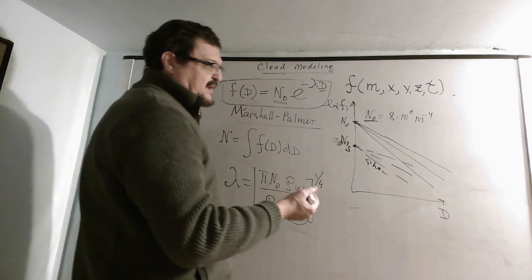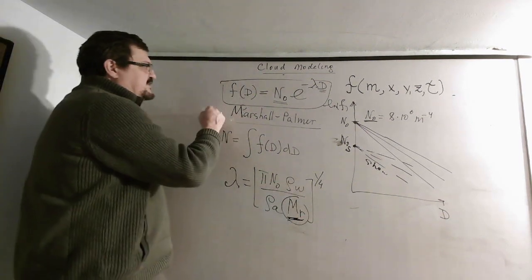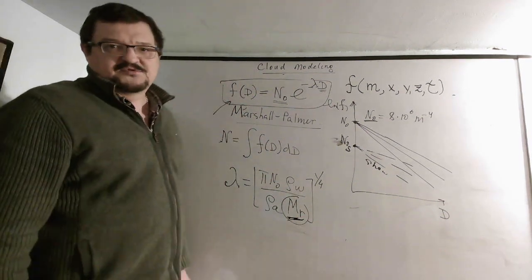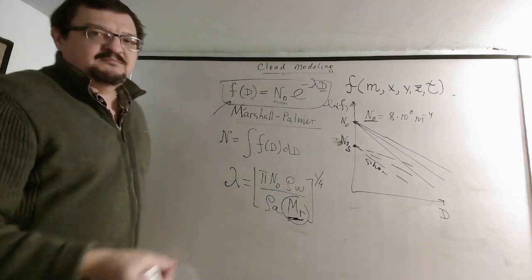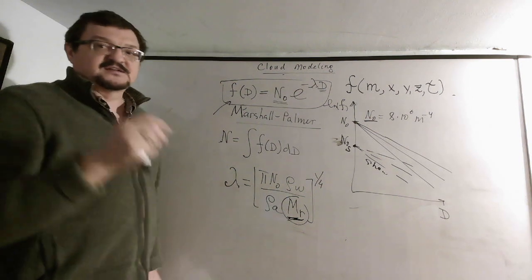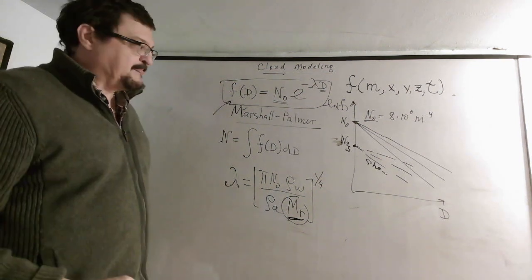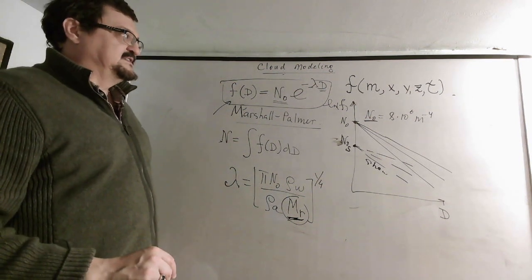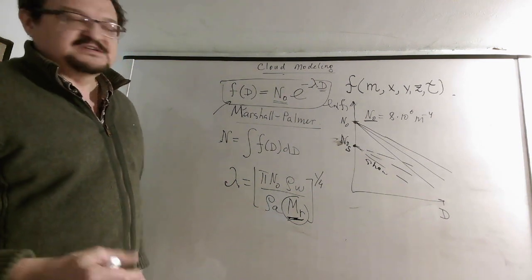So single moment microphysics all rely basically on Marshall-Palmer distribution. But double moment microphysics, so when you use two moments, like say mass and concentration as separate variables, then you actually need some other distribution to assume.